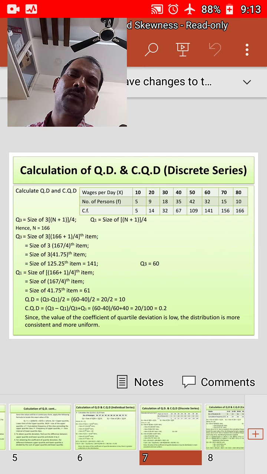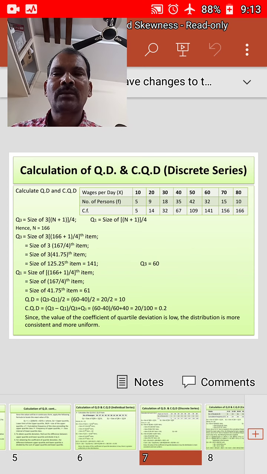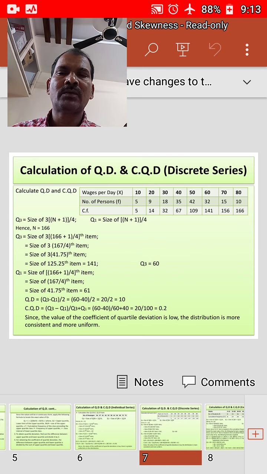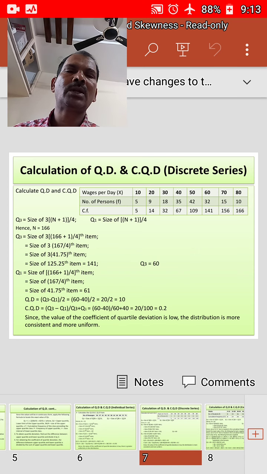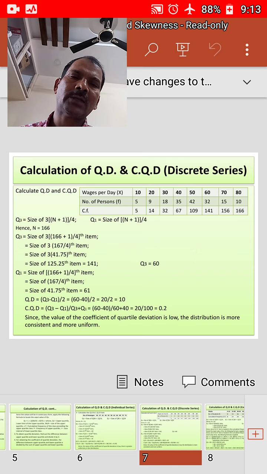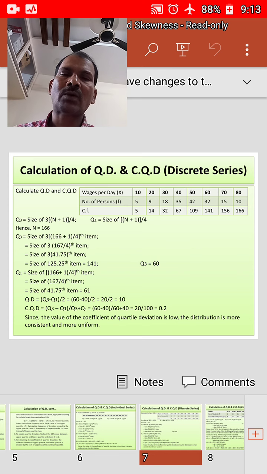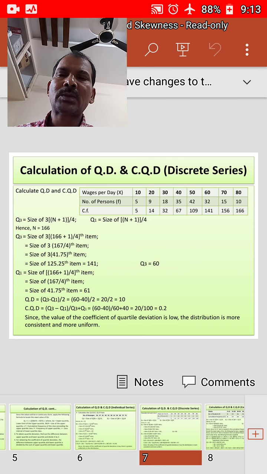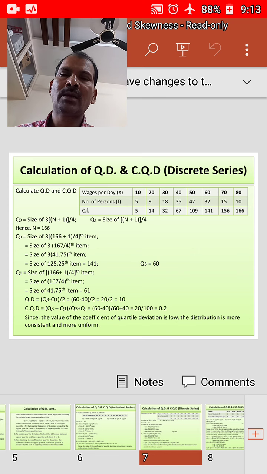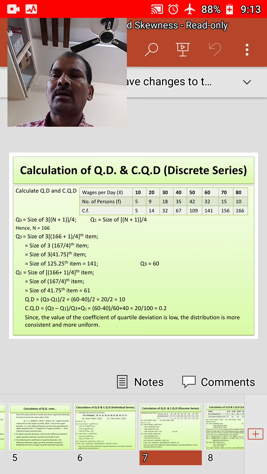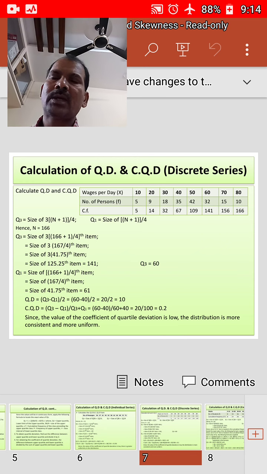Hence 3 into 41.75 is 125.25th item. We need to locate the 125.25th item in the cumulative frequency. It lies in 141, and the corresponding wage per day, 60, is Q3.